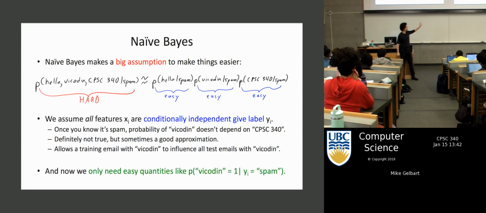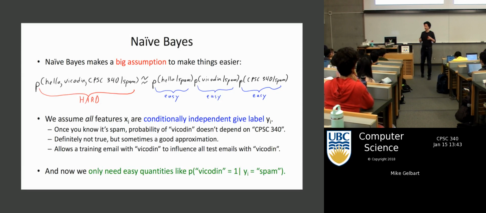So say there's a fourth word like, I don't know, dollars, and that was not in the email, you would have times the probability of not having dollars in the email given spam. So it's not the case that you're just taking a product over how many words there are in the email. You're taking a product over D things, probability of this, probability of not this, probability of this, and so it's the same regardless. Yeah, the slide could be improved to reflect that.